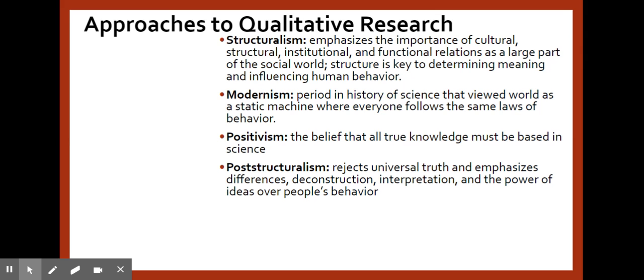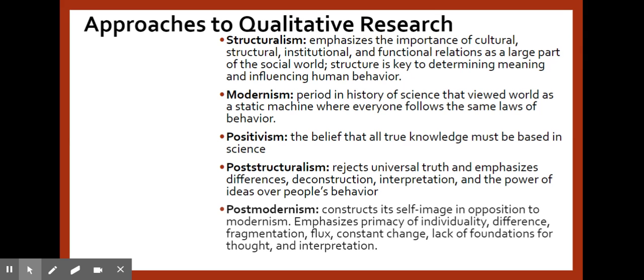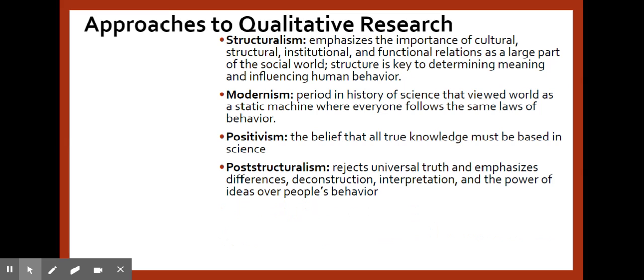Post structuralism, also sometimes post positivism, post structuralism rejects universal truth. So it's rejecting the idea that there is a universal truth, that there is one reality, and instead looks at the differences between groups, the differences between individuals, deconstructs those differences, and tries to interpret them to understand how the power of ideas impact people's behavior.